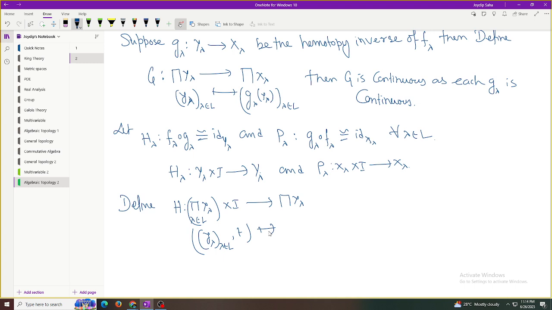Just 1 minute. Goes to (H_lambda(y_lambda, t)) such that lambda belongs to L. Then H is continuous as each H_lambda is continuous, by the notation I wrote.